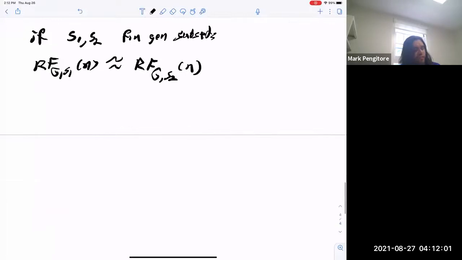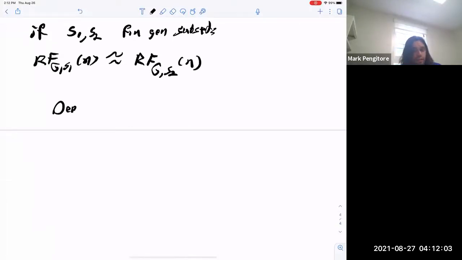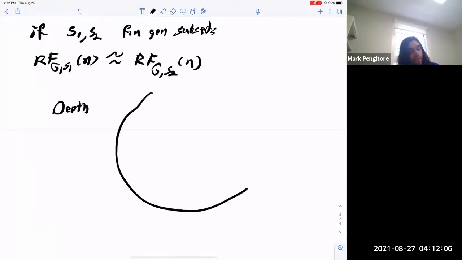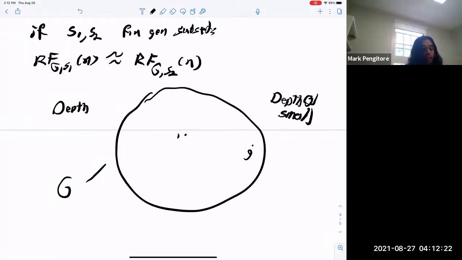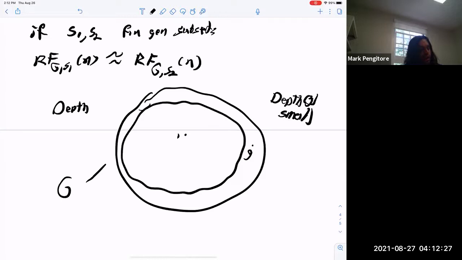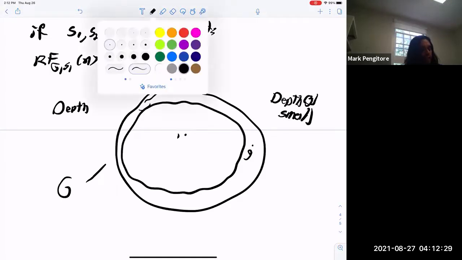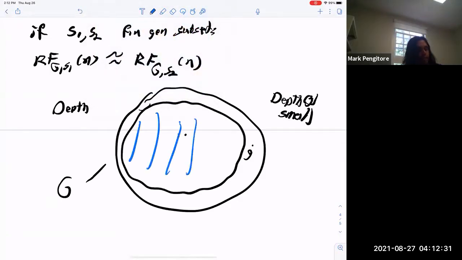So a picture of this depth function is as follows. The idea is, imagine this blob is your group G. You have your identity element here. Then the depth of g is small if we can find a large normal subgroup that doesn't contain our element g.